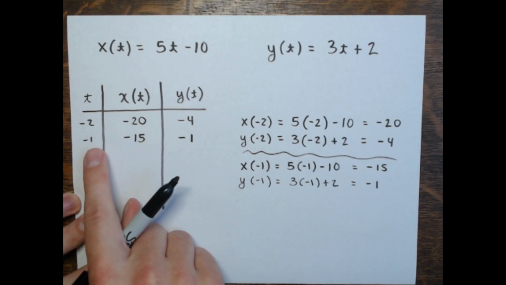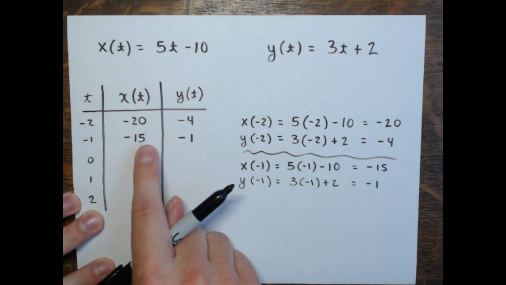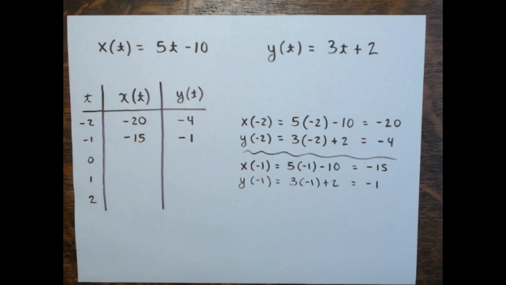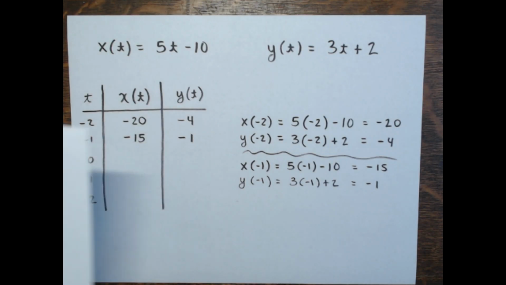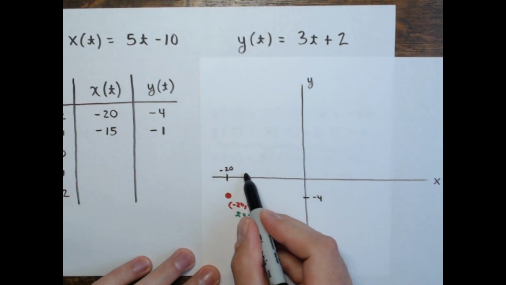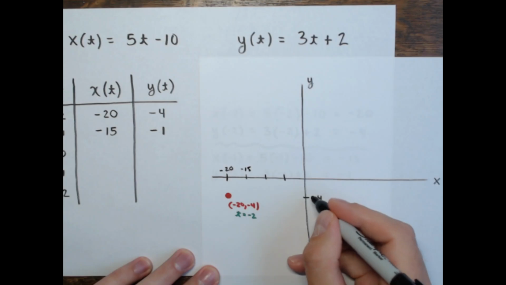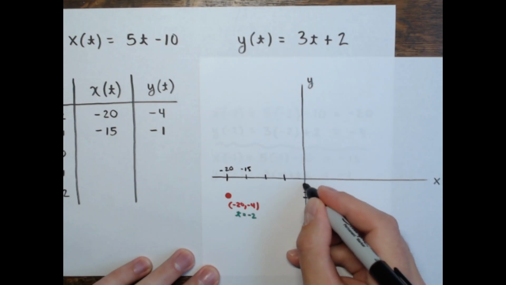Okay, so when the value of t is -1, the location we're at on the xy plane has an x coordinate of -15 and a y coordinate of -1, which I'll do here. So again, I'm going to do here -15, -10, -5. And then -3, -2, -1.